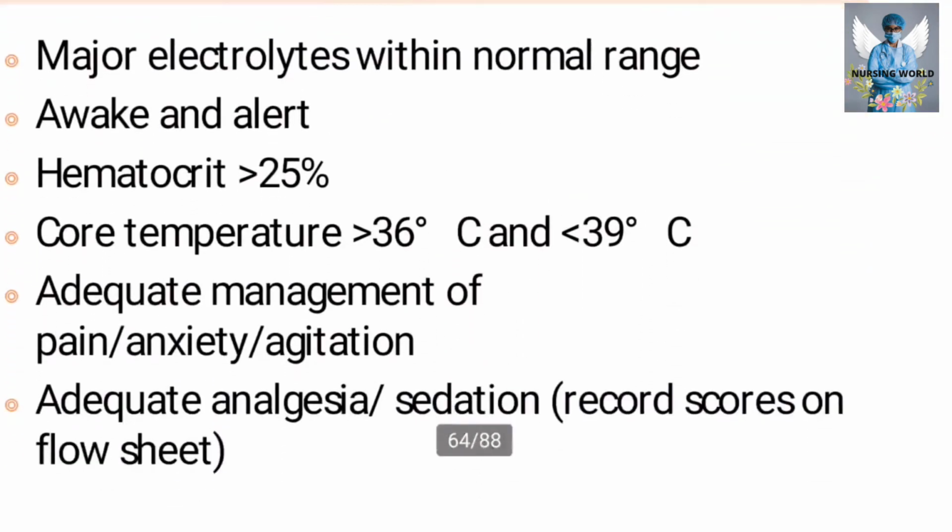Other criteria are major electrolytes within the normal range, awake and alert. Then hematocrit is more than 25 percent, core temperature is 36 to 39 degrees Celsius, adequate management of pain, anxiety and agitation, adequate analgesia and sedation. Record the scores on the flow sheets.